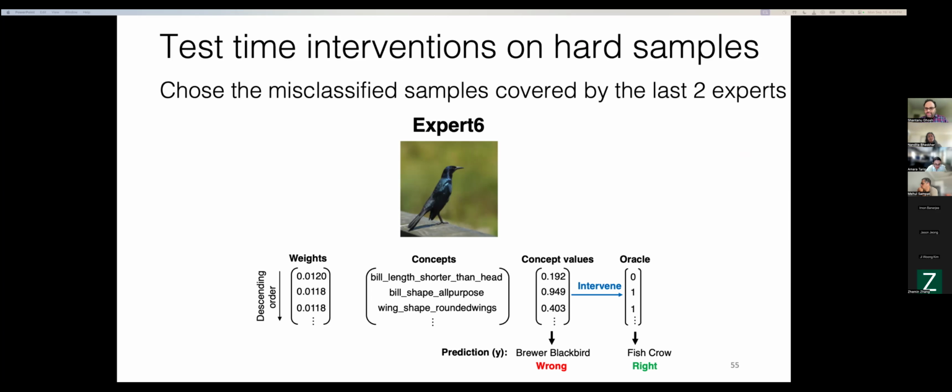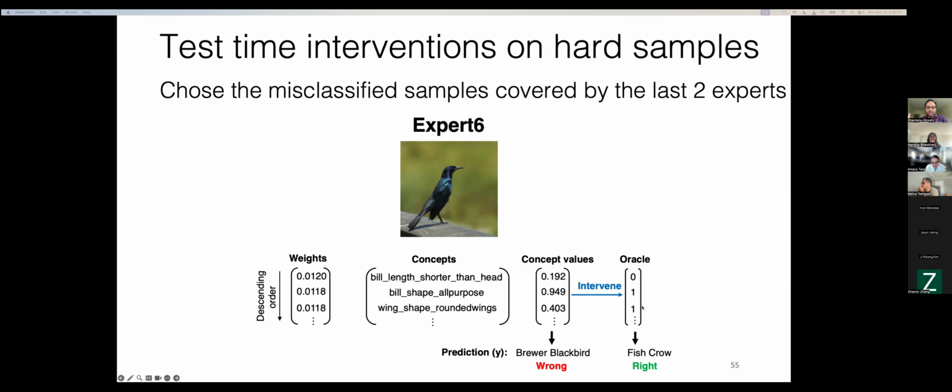So here, for example, expert number 6 misclassifies this fish crow to be a brewer blackbird. We can replace the concept values with the oracle, which is like the ground truth concepts, based on the magnitude of the attention weights of the model. And when we send this updated concept vector back to the model, it actually classifies the bird correctly.